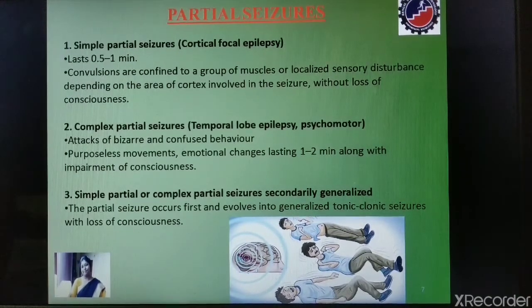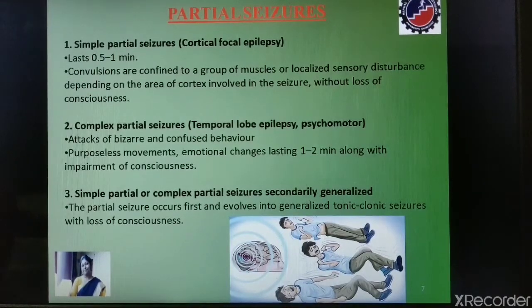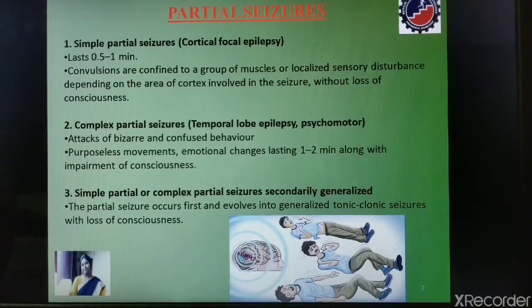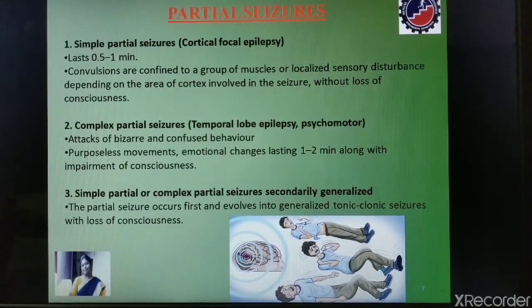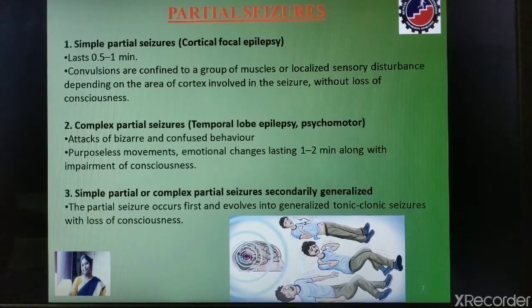The first one is called the simple partial seizures, or the SPS. In this case, there is sudden jerking of a group of muscles or a limb, and the seizure lasts from half to 1 minute.